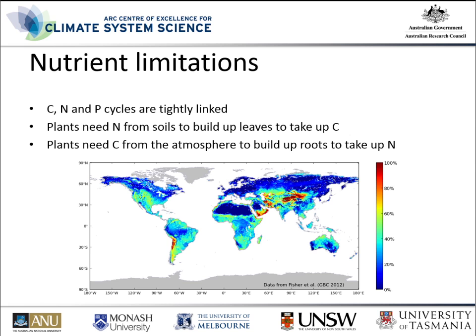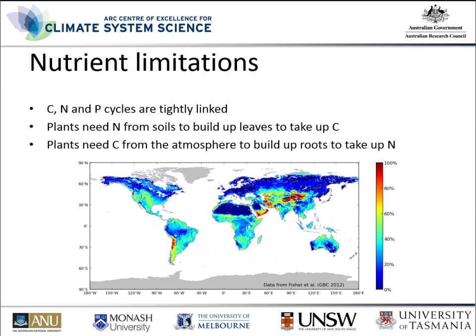So, new directions in biogeochemical modeling. I've just been talking about carbon, but we know that carbon, nitrogen, and phosphorus cycles are tightly linked, that plants need nitrogen and phosphorus to grow.